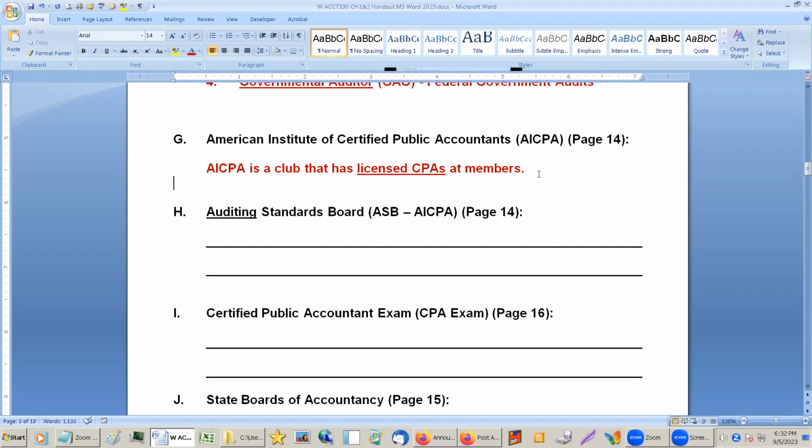You pass the CPA exam, and they'll send you an email. In the past, they would send you a letter that said, "Hey, we see that you passed the licensing exam to become a licensed CPA. Do you want to join our club?" But that's really all it is. The AICPA is just a club.